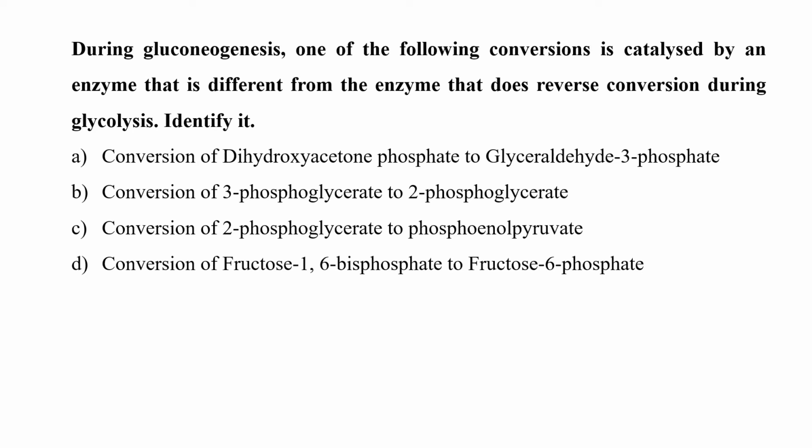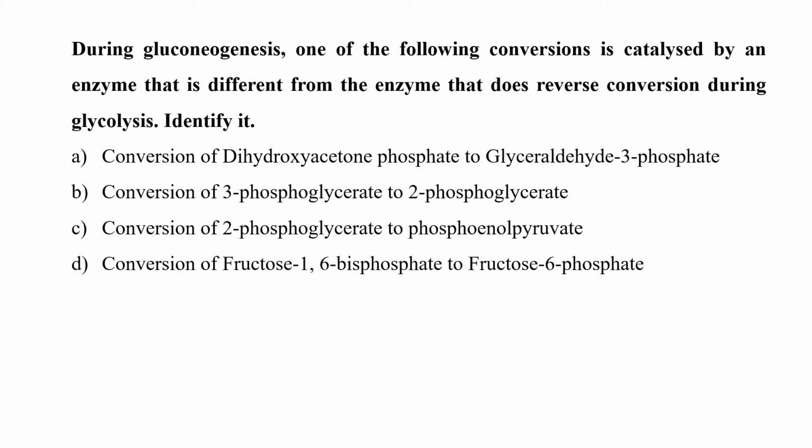Our next question is, during gluconeogenesis, one of the following conversions is catalyzed by an enzyme that is different from the enzyme that does the reverse conversion during glycolysis. Identify it. Now, the process of gluconeogenesis is actually considered a reverse process of glycolysis. But there are three different enzymes. These key enzymes are pyruvate carboxylase, fructose 1,6-bisphosphatase, and glucose 6-phosphatase.